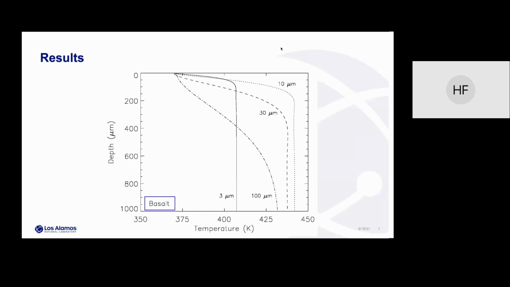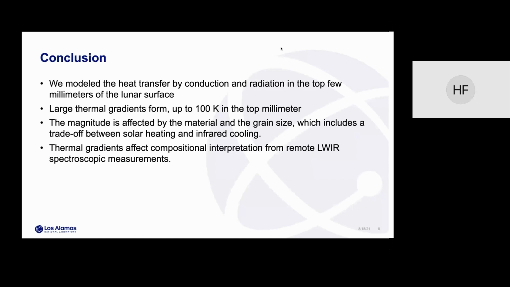Okay, next slide, please. In conclusion, we modeled the heat transfer by conduction and radiation in the top few millimeters of the lunar surface. Large thermal gradients form, up to 100 degrees in the top millimeter. The magnitude is affected by both the material and the grain size, which includes a trade-off between solar heating and infrared cooling.